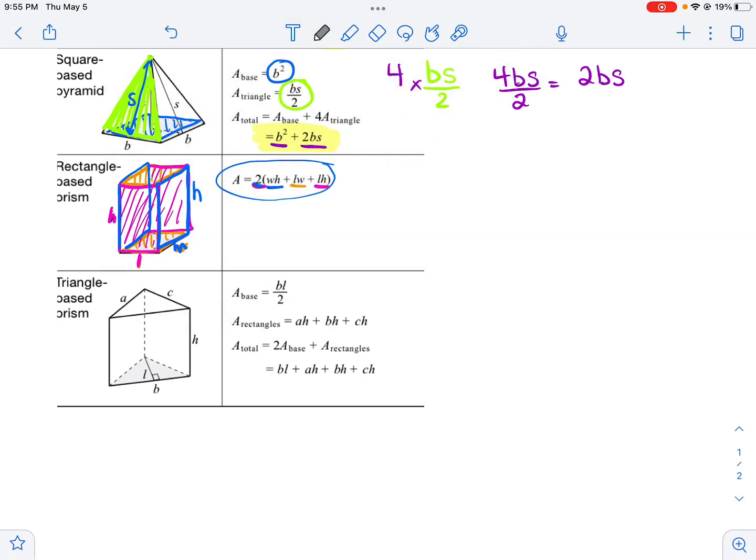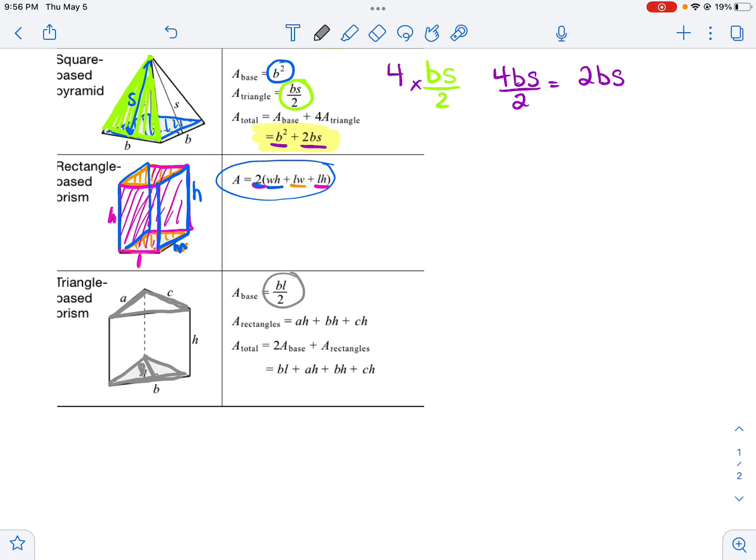Okay, and then finally we have our triangle-based prism. The bases are triangles, and we calculate the area of a triangle by doing base times length divided by 2, or you could call that the height. I mean, you can label the sides anything you want.